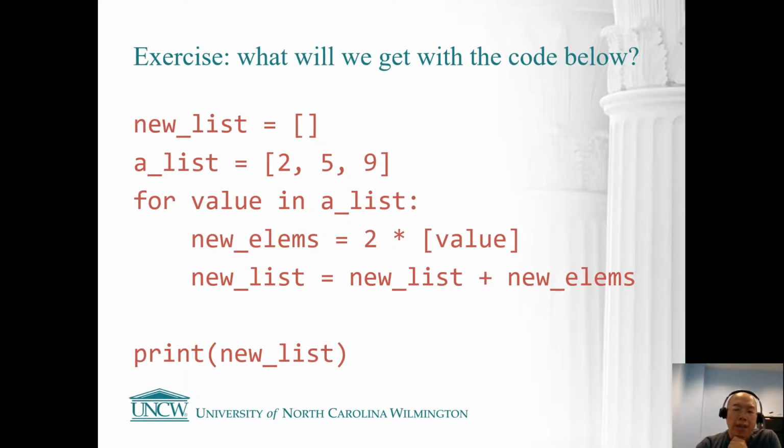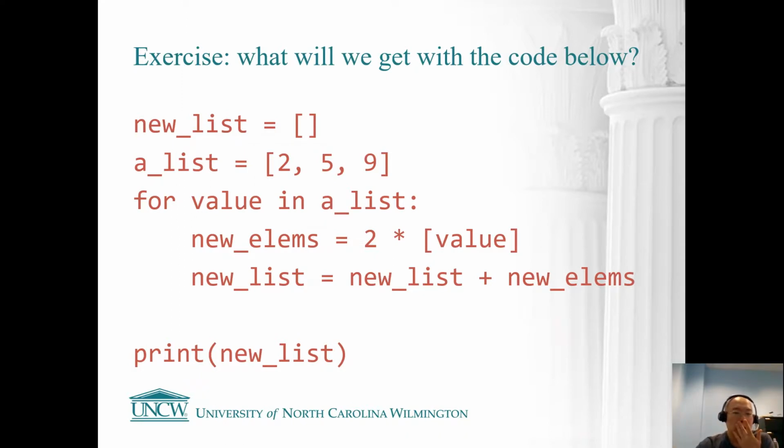I do something similar, but here I'm having the value in a pair of square brackets. What does this mean? This value is now a list. So 2 multiplied by a list, what's that? That is to repeat the value in the list twice.